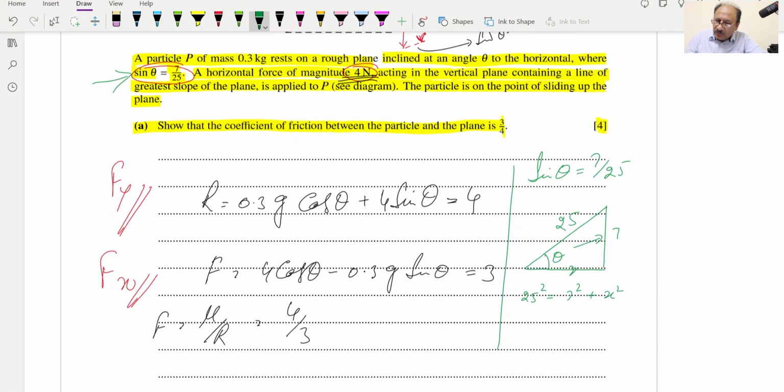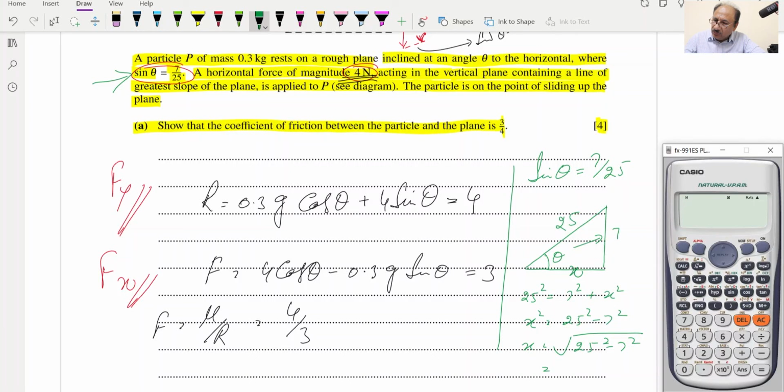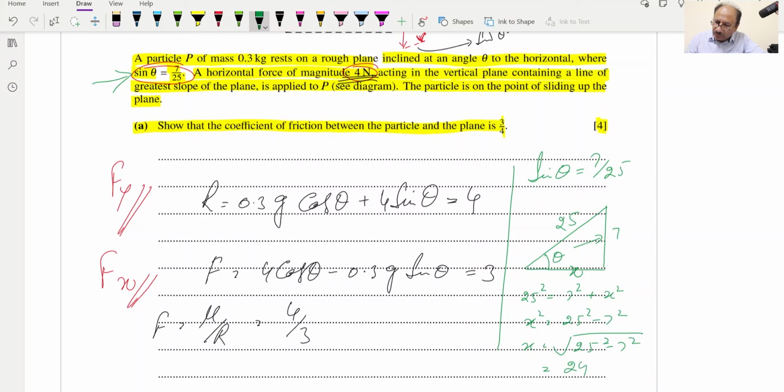So x squared will be equal to 25 squared minus 7 squared, so x is equal to the root of 25 squared minus 7 squared, and this is equal to 24. So x is equal to 24.